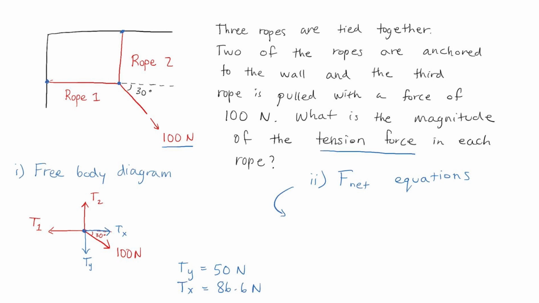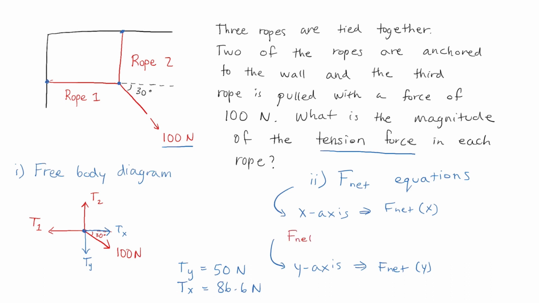And now what's difficult about this question is that you have to recognize that we have forces along the x-axis and along the y-axis. And that means we need to solve for an Fnet x, the net force along the x-axis, and an Fnet y, the net force along the y-axis.